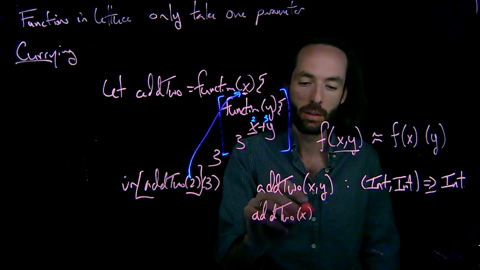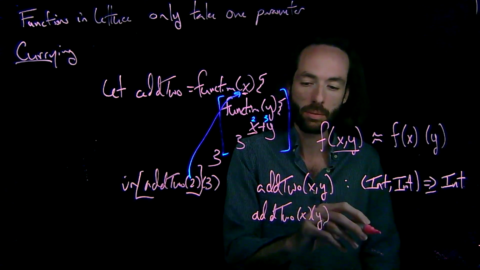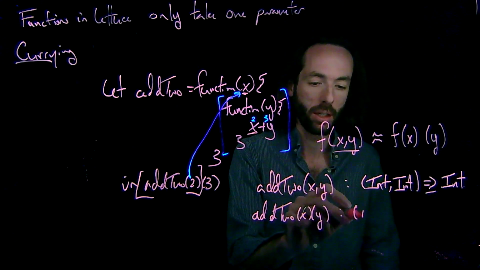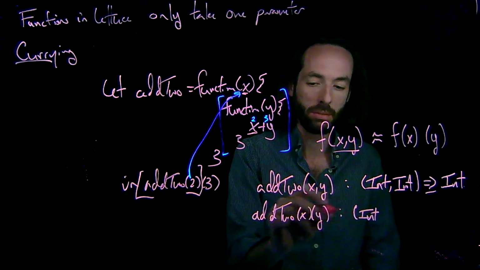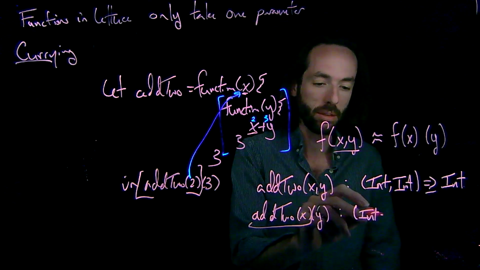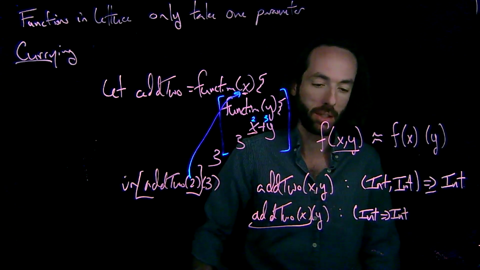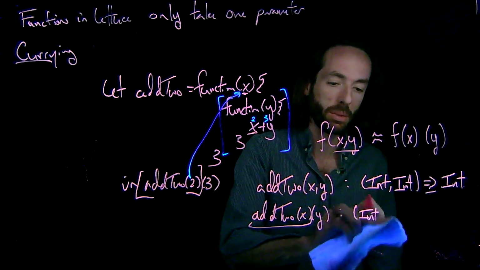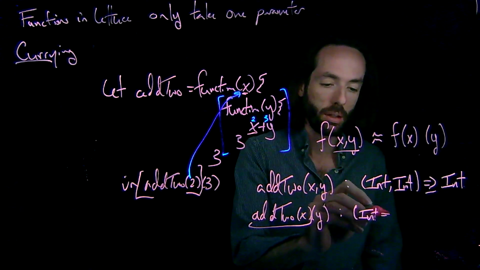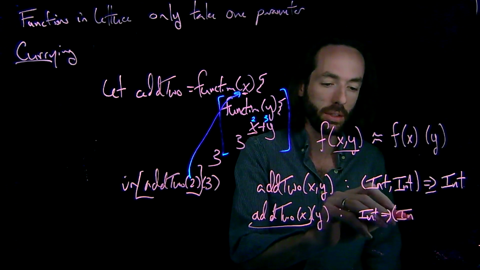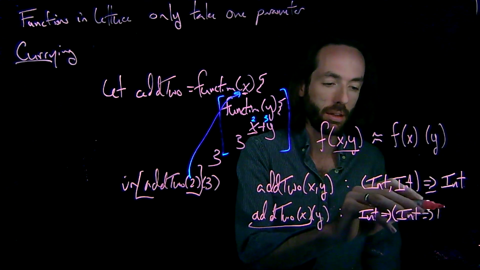So if we look at our curried version with x and y, it's a function that takes an int, and what does it return? It returns a function that takes an int and returns an int.